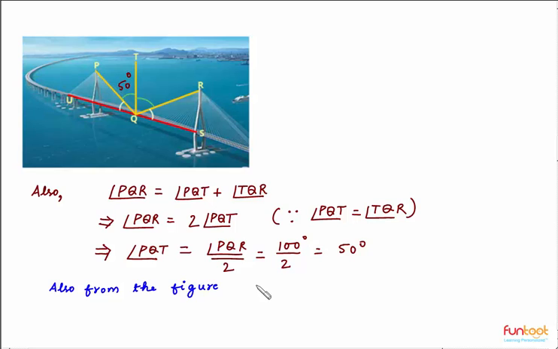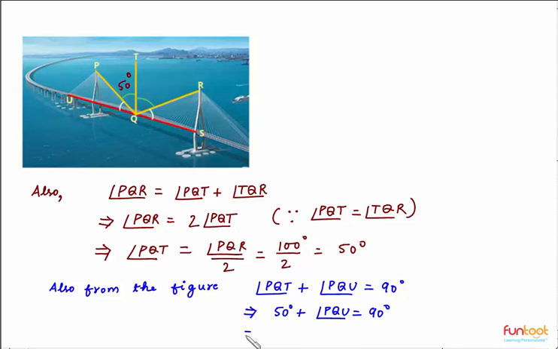Also from the figure, angle PQT plus angle PQU, which we have to find out here, is equal to 90 degrees as QT is perpendicular to US. So this implies if we put the values here, in place of angle PQT, we can write 50 degrees plus angle PQU is equal to 90 degrees.